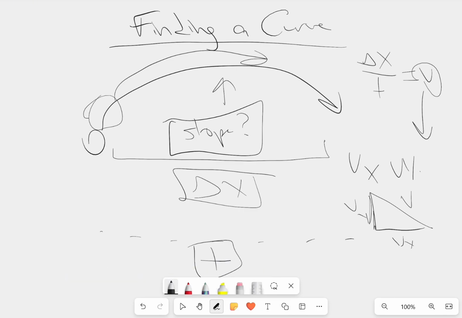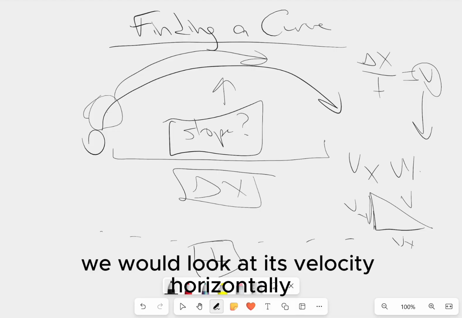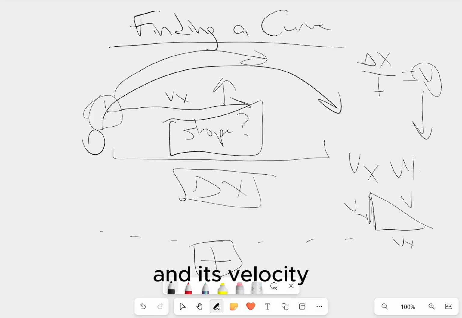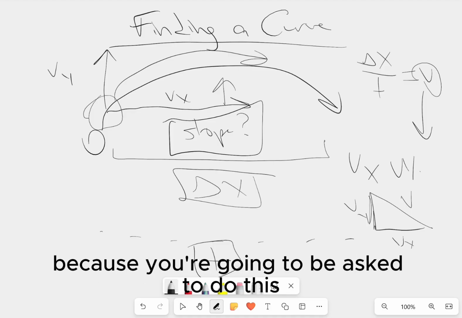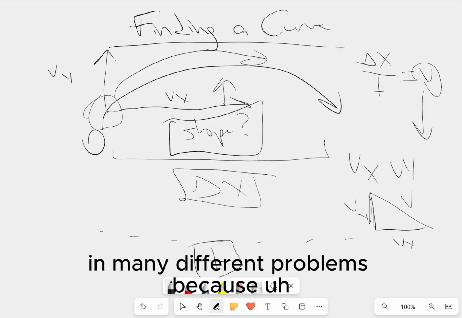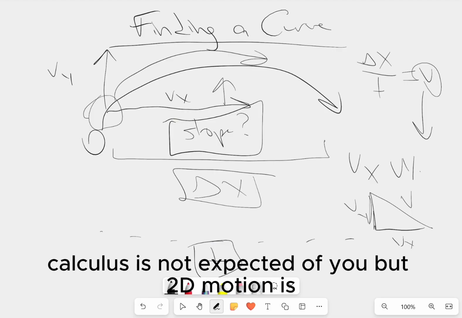So we would look at its velocity horizontally and its velocity vertically. And then from there, we could find what v equals. And this is really important because you're going to be asked to do this in many different problems, because calculus is not expected of you, but 2D motion is.